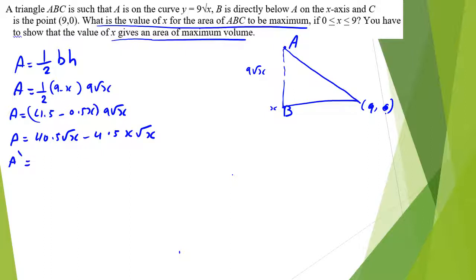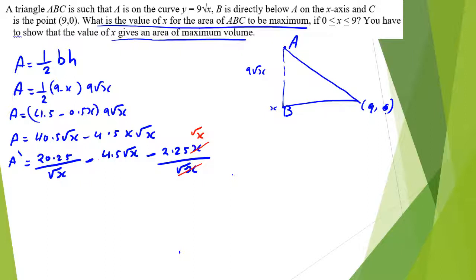Now I start differentiating, and end up with 20.25 over square root of x minus 4.5 square root of x, just the product rule, minus 2.25x over square root of x. Now simplifying that, that will simplify with this one here, so left is square root of x.